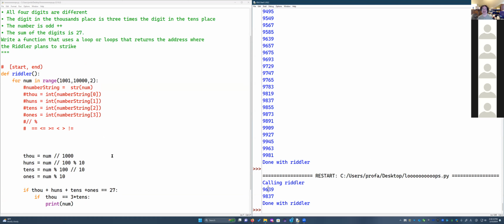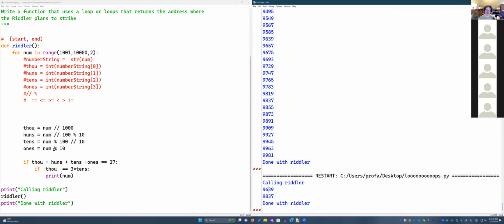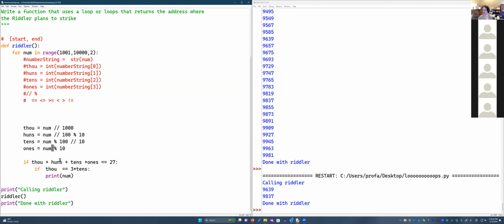The way the modulo operation works is that it takes away the digits on the left side. Because this is division, and this is division that gives you the quotient, right?